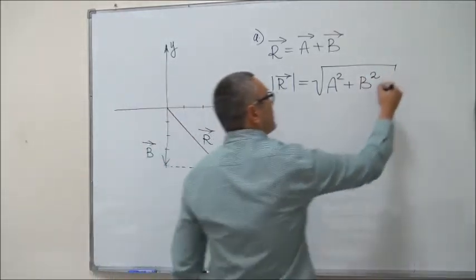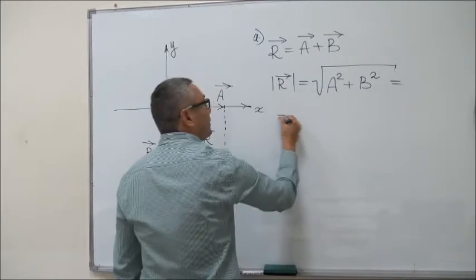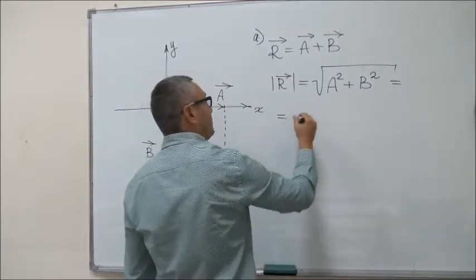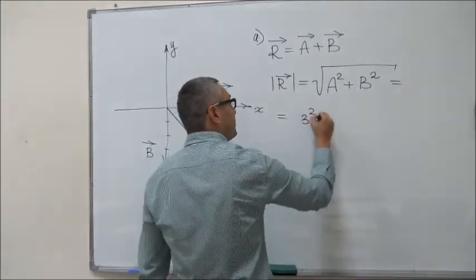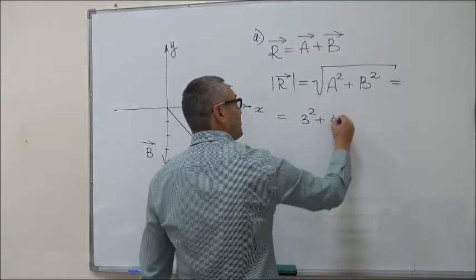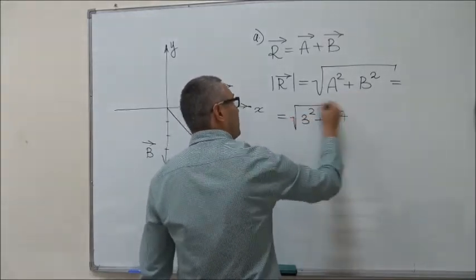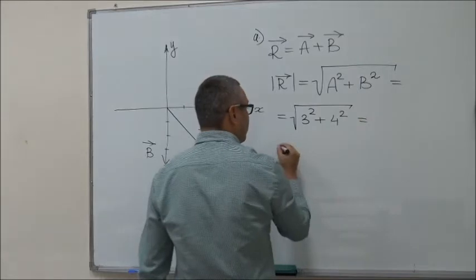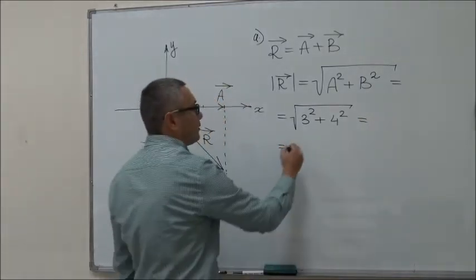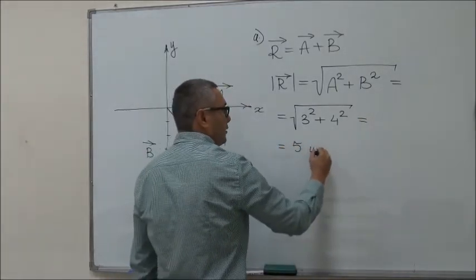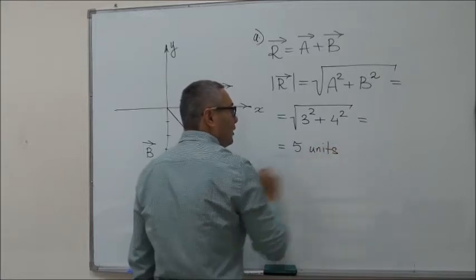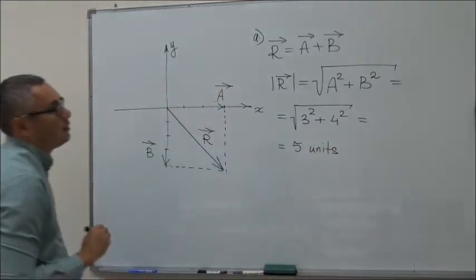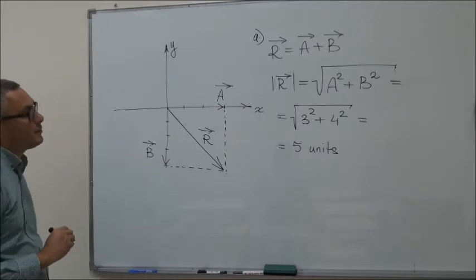So in this case, A is 3, so 3 squared, plus B is 4 squared, square root. This gives us 5. So the length of the R vector is 5 units.